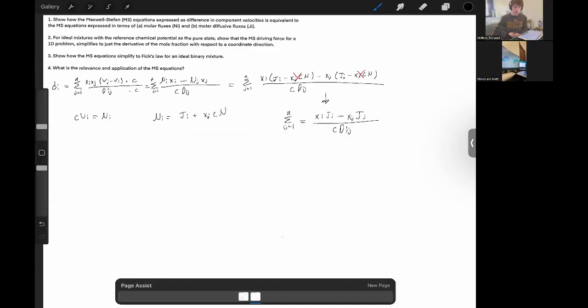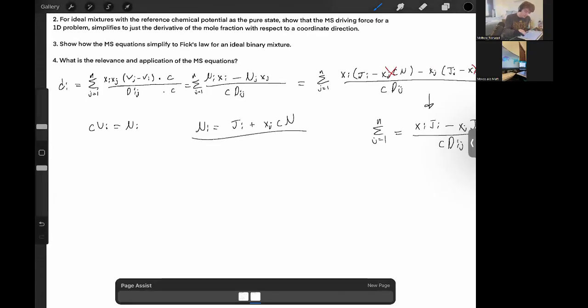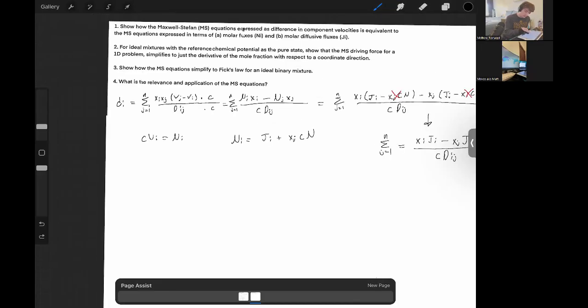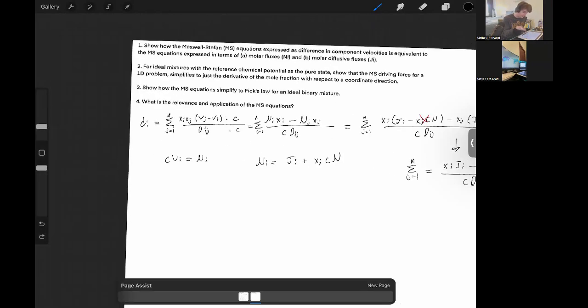Okay, so we've shown step by step how the velocity component Stefan-Maxwell equation relates to the molar flux Stefan-Maxwell equation by relating it to our molar flux equation. And then we did the same thing here, except we used the diffusion equation this time. Sorry, hold on. I'm getting mixed up here.